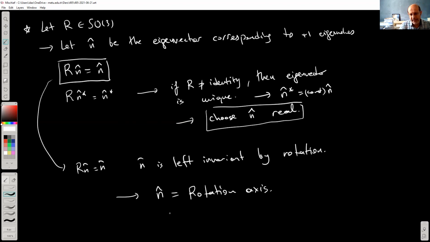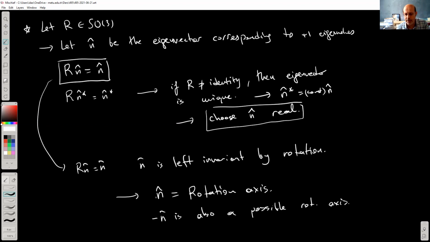Let's just keep in mind that minus n is also a possible rotation axis. So it's not the direction, it's basically the line. Since we are just looking at the property that n is an eigenvector, minus n is also an eigenvector.